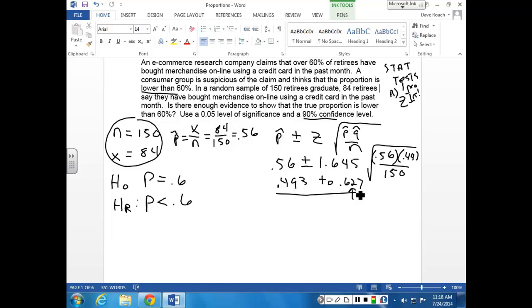If we reported it like this, 0.56 plus or minus, now I'm just going to multiply this part out, and I got 0.067. That's how you see things when you look at political polls.